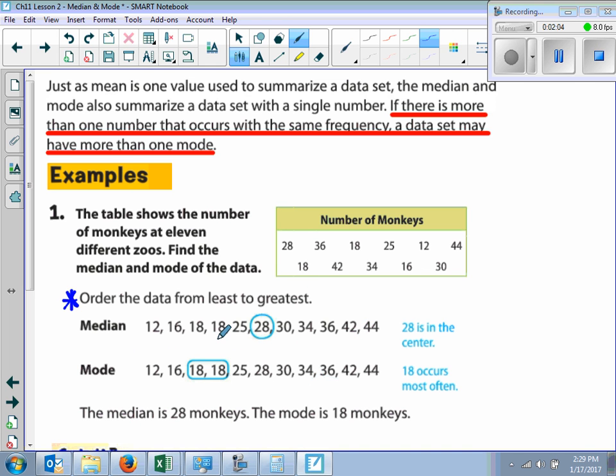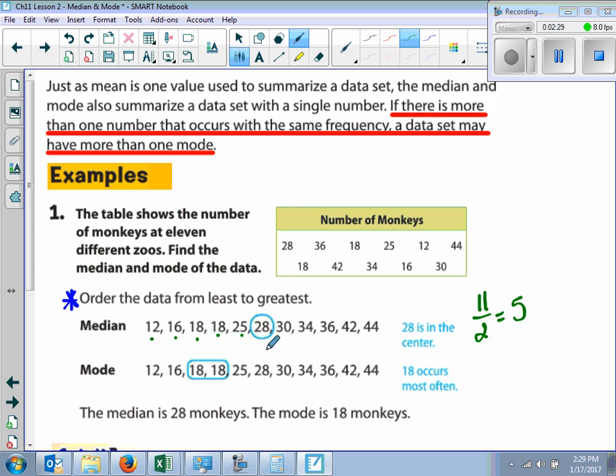Now here we have 11 numbers in this set of data. We want to get to the middle of it, so we're going to divide by 2. Dividing 11 by 2, 2 goes into 11 5 times. But if you look here, 1, 2, 3, 4, 5, that is not the middle number.